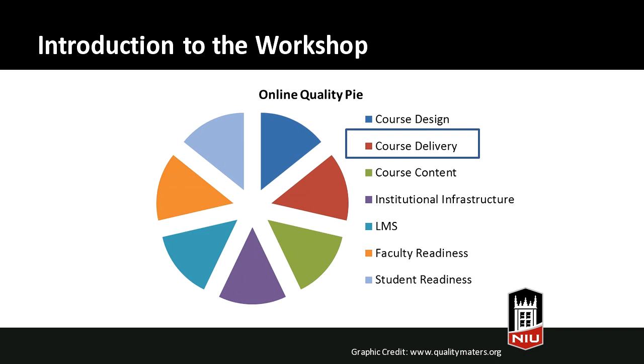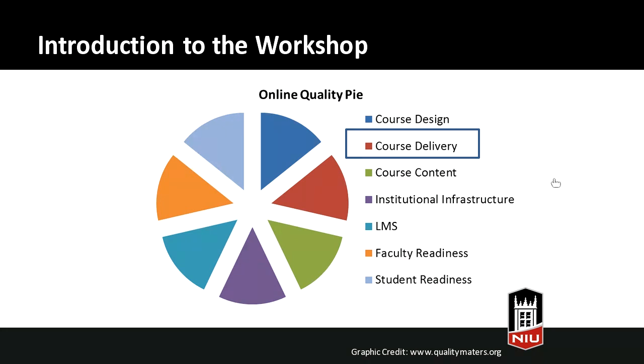So when we talk about a quality online course, we think about online teaching and learning through this idea of a quality pie. There are a lot of different components that make up a quality online course.